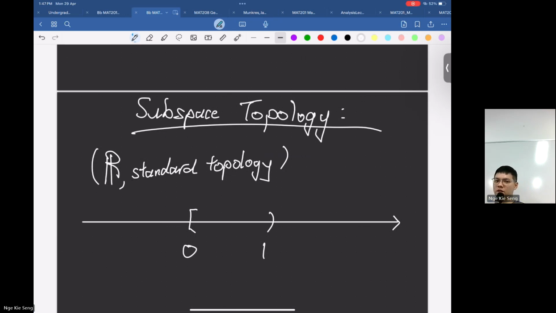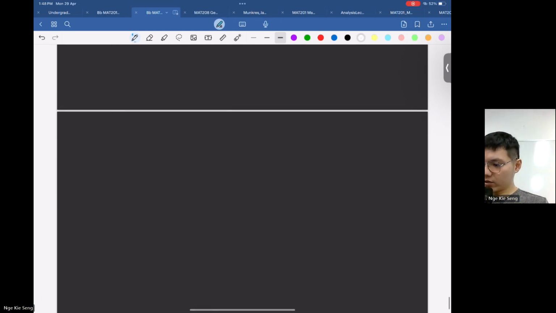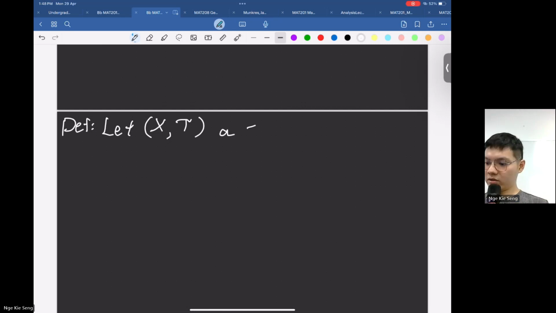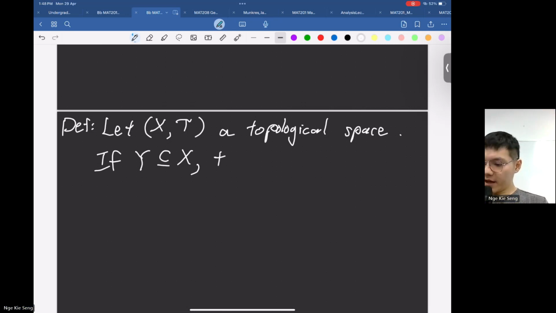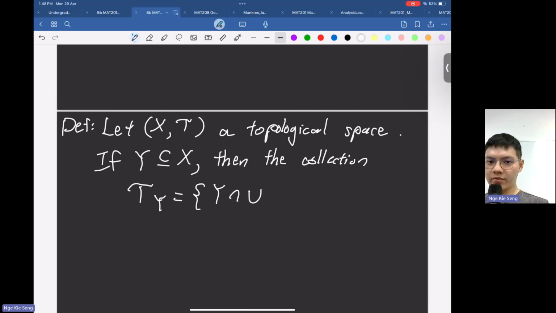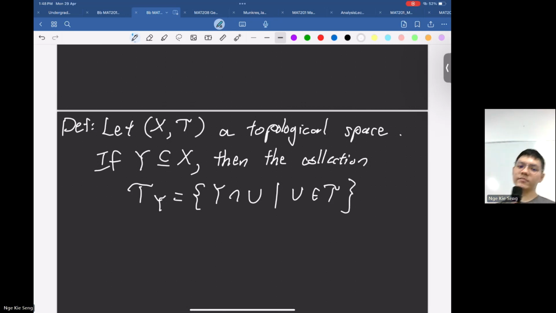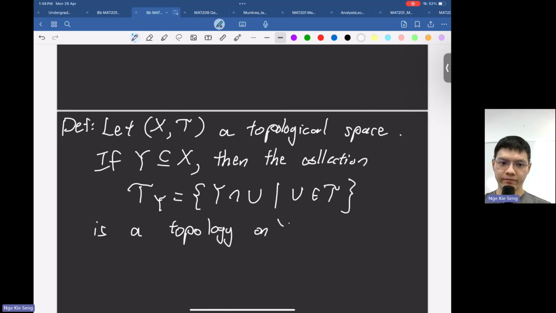So we define: let X be a topological space, and if Y is a subset of X, then I claim that the collection of intersections of Y and U, where U is an open set in the topology, is a topology on Y, which we call the subspace topology.